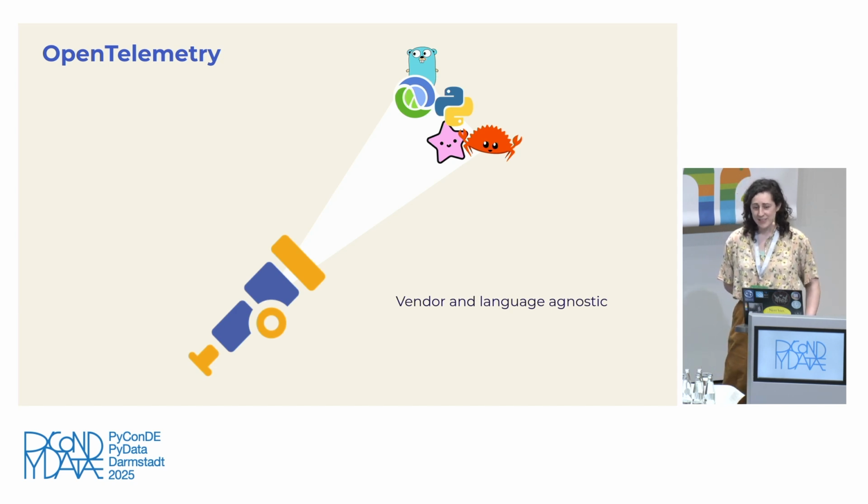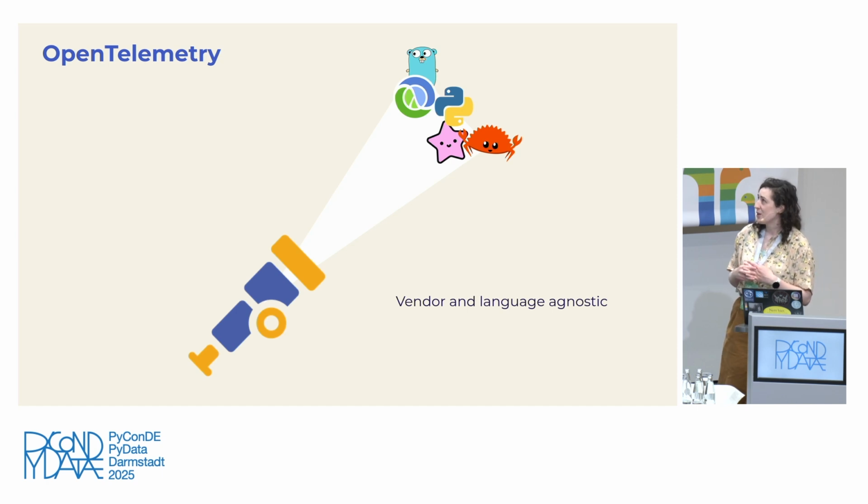As a result, there are OpenTelemetry SDKs and APIs for many common languages and frameworks, such as Python, Go, and Rust. As part of this tutorial, we'll be making use of OpenTelemetry libraries and tooling, which offer specific instrumentation for Python itself, and also the Flask framework and the requests library.